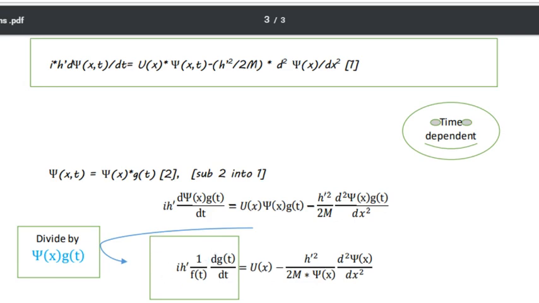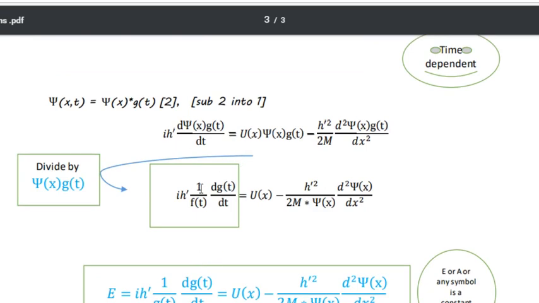That means the right hand side equals the left hand side, and both of these reach a constant value. So we could rename this side to some constant value, E. It's not energy here, but any constant value.